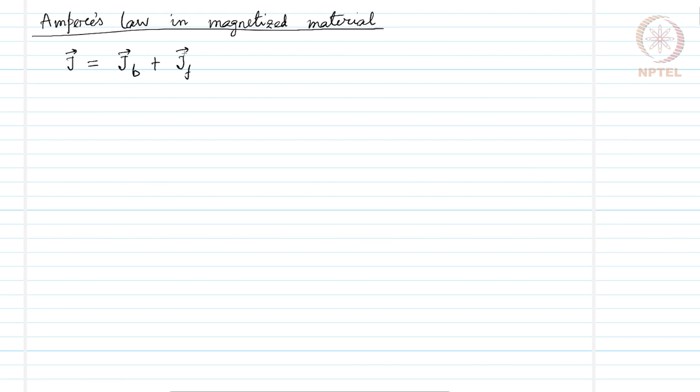That is the total current in the system, and this would be applicable in Ampere's law. Let us see how. So, we can write 1 over mu naught times curl of B, in the differential form, that is the total current, which is equal to JB plus JF.